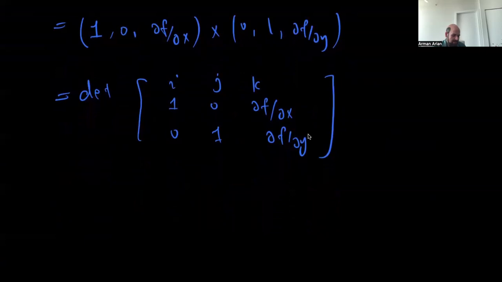If we calculate this, first row, first column, I delete it, and then we get minus df/dx, minus df/dy, and 1.